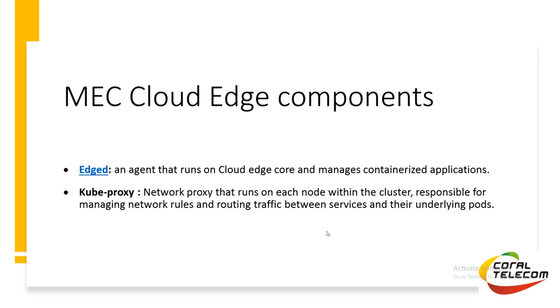Another is kube-proxy. We all know without networking we cannot access anything. So kube-proxy is a network proxy in the MEC architecture that runs on each node within the cluster, responsible for managing network rules and routing between services and their underlying ports.